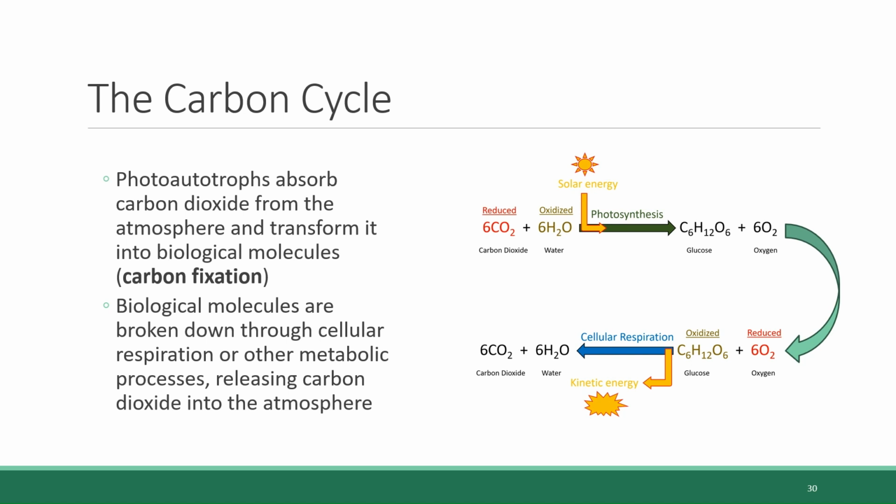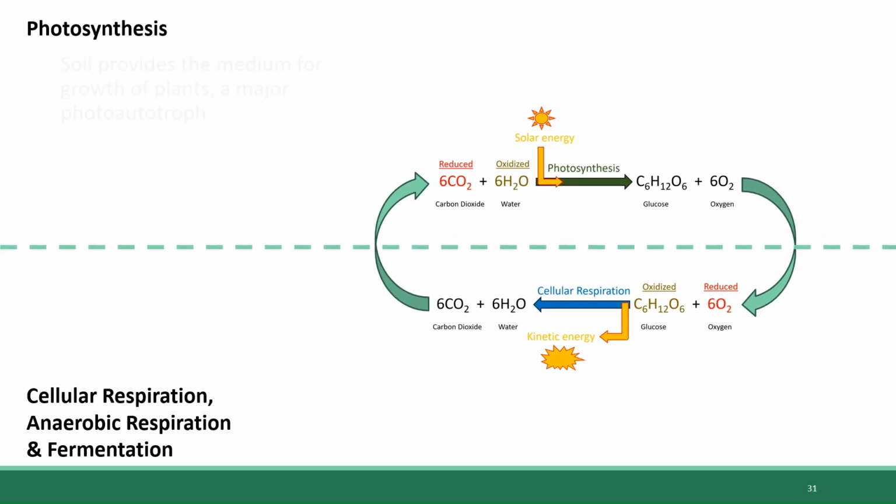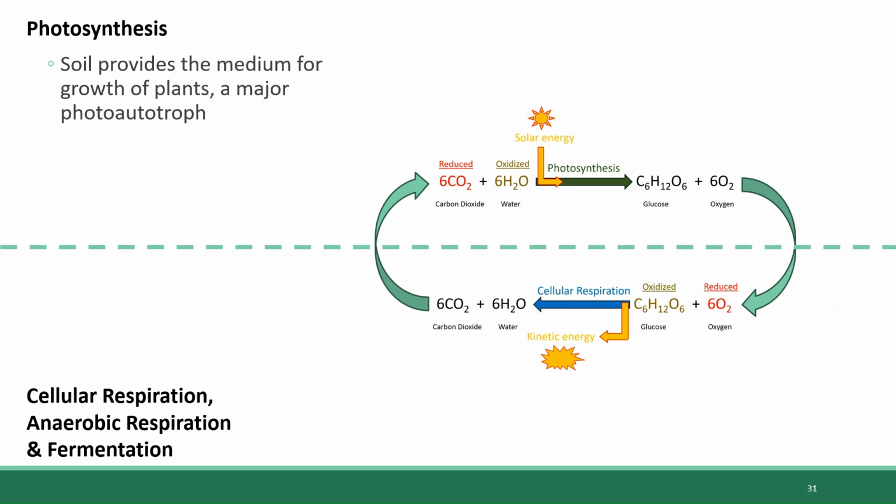So, how does the carbon cycle relate to soil? Well, the soil provides the medium for plant growth, and plants are a major player in that half of the cycle that involves carbon fixation, along with their aquatic photoautotroph cousins, algae and cyanobacteria.